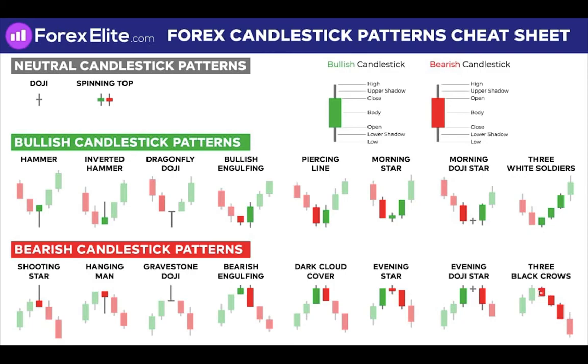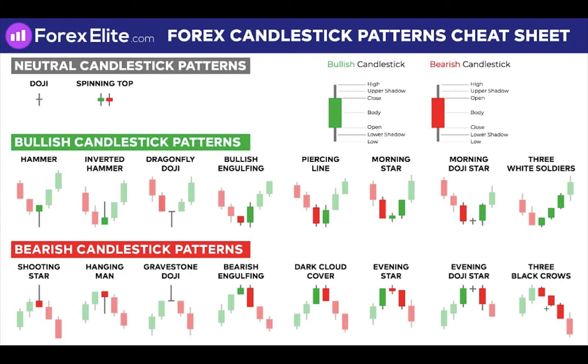And then there are 3 black crows. Remember I told you that in some software where we have red they have black, where we have green they have white. So these 3 black crows, they mean the opposite of 3 white soldiers.